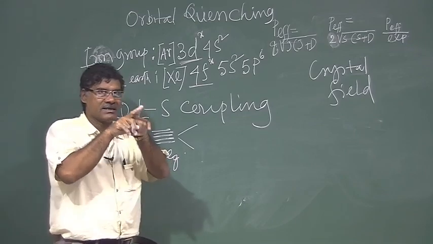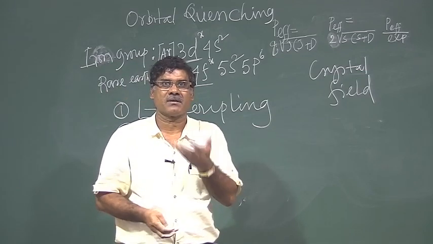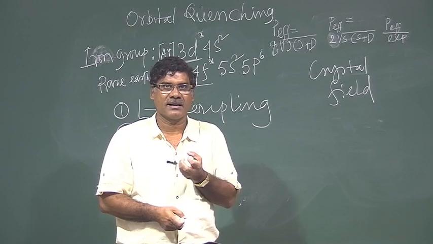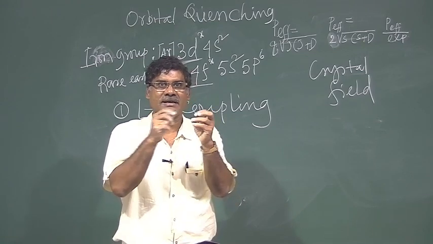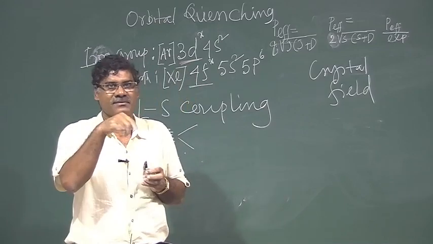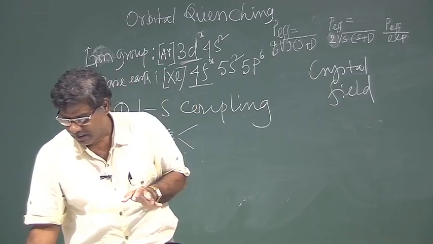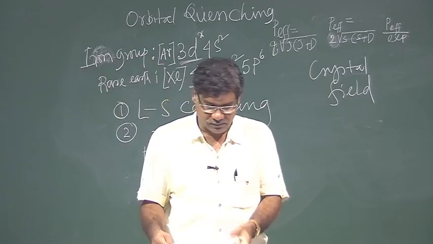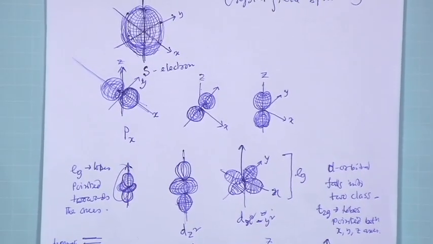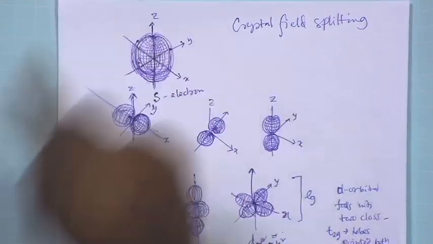It is from the angular distribution of the electronic charge in the d shell. Okay. As I told you, dxz, dxy, dyz, dz square. So, this indicates it, and I will show you. You see, in case of the s shell, there is spherical symmetry of the charge.